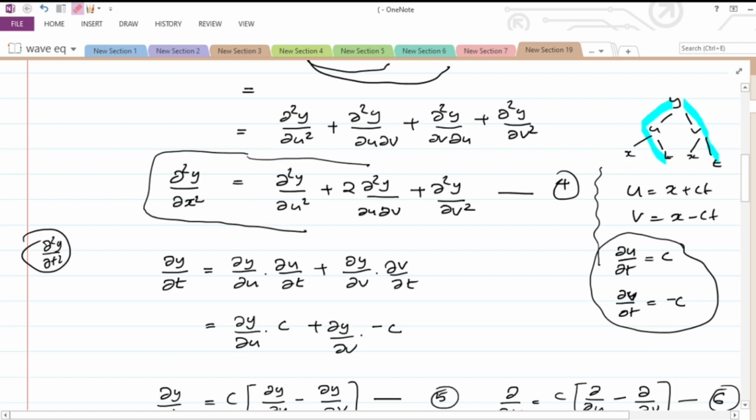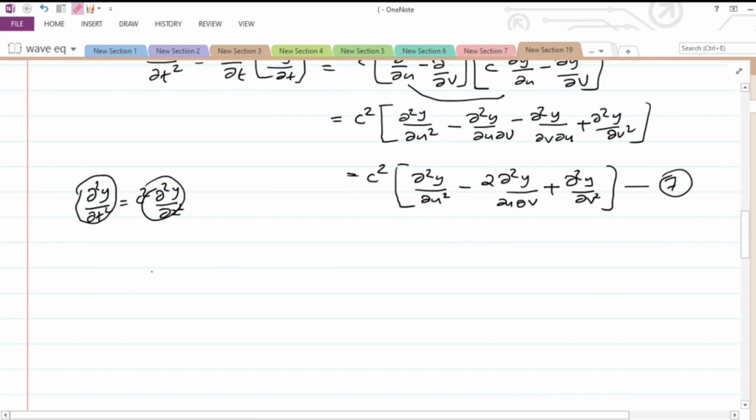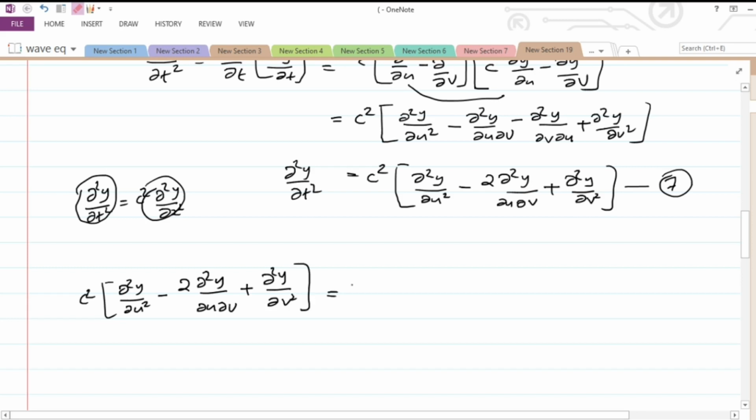Okay, so using equation number 4 and equation number 7 we can equate, that is, this is ∂²y/∂t². So c² into (∂²y/∂u² minus 2 ∂²y/∂u∂v plus ∂²y/∂v²) is equal to c² times the right side of the wave equation.